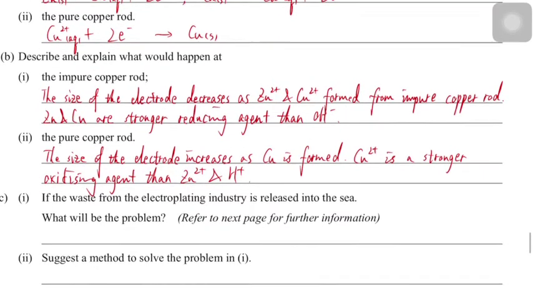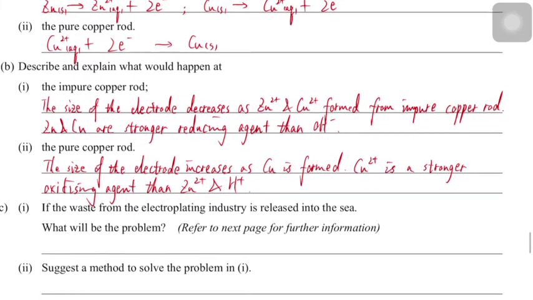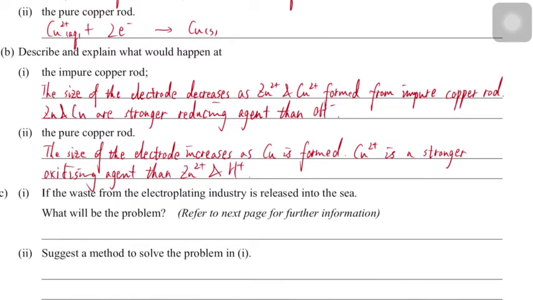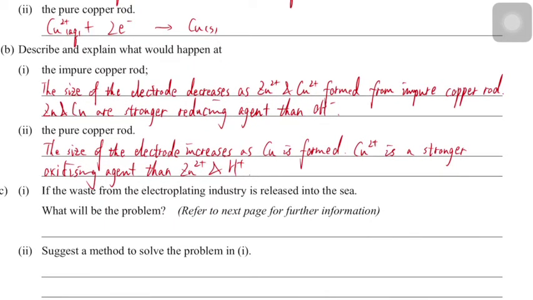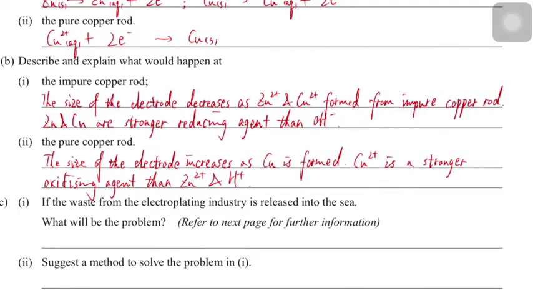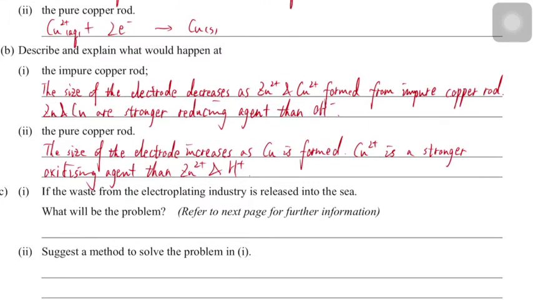Okay, and the last question is if the waste from the electroplating in industry is released into the sea, what will be the problem? Okay, so the problem is that the waste may contain, you can find more information on the next page of your notes, acid or alkaline or some toxic substance.